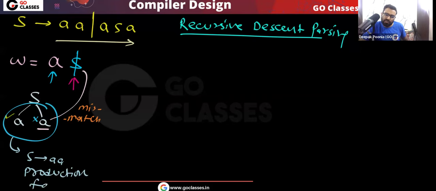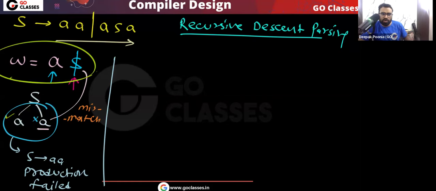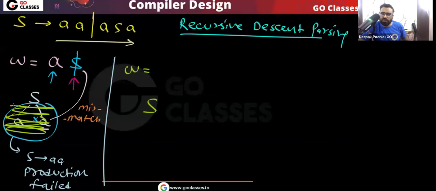This production failed. No problem, we will backtrack. We remove this production, try the next production, and on the input also we backtrack. Your bad choices you undo.